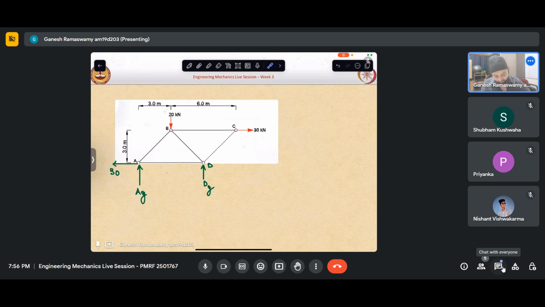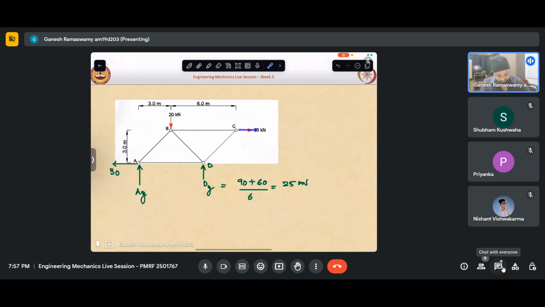So this will come out to be 90 plus 60 by 6, which is 25 kilonewton. And if this is 25, the top force is 5, then this would have to be minus 5. So this will be pointing downward. Why does this point downward?